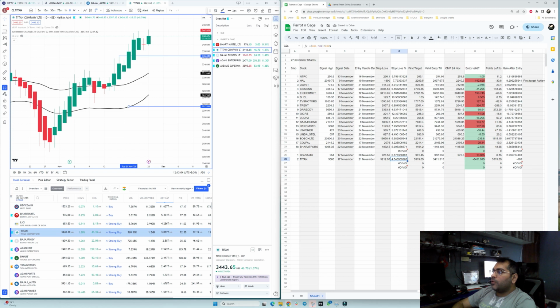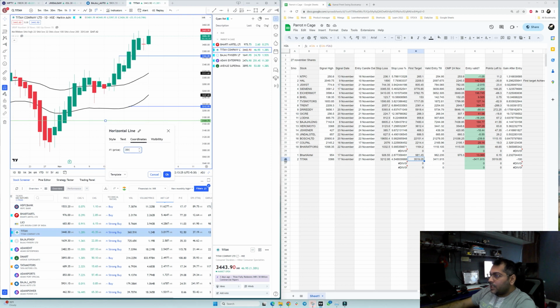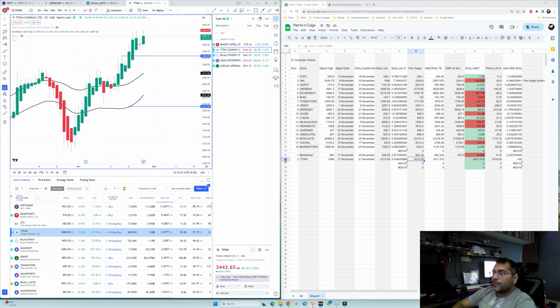The stop loss was 4.54%. That means 4.54% is our first target. This is the first target in values, 3519. What we can do is simply mark a horizontal line anywhere, double click on it and put the price point.